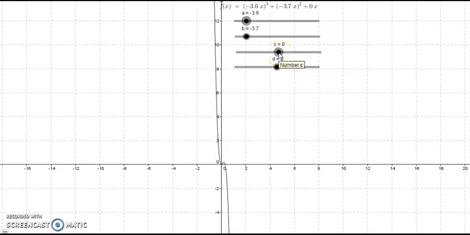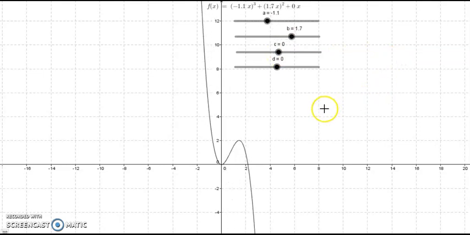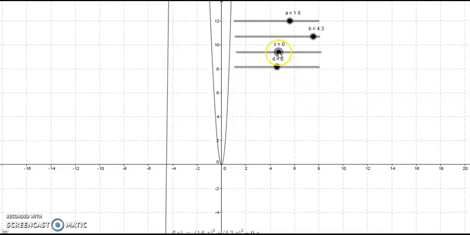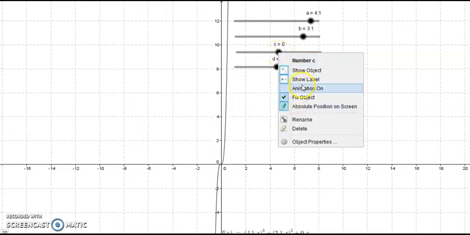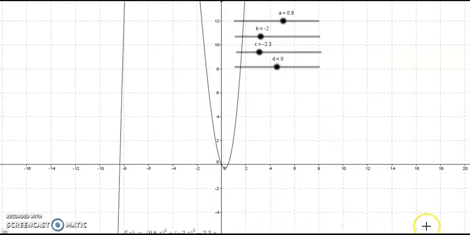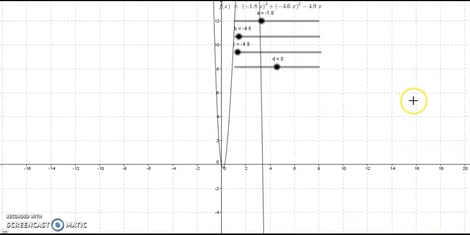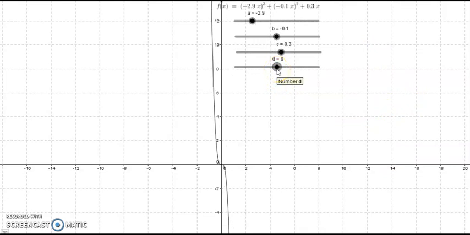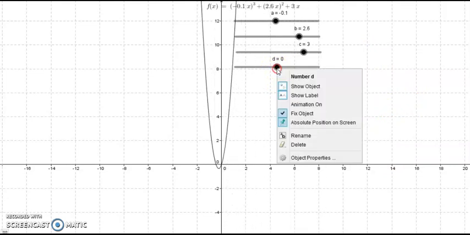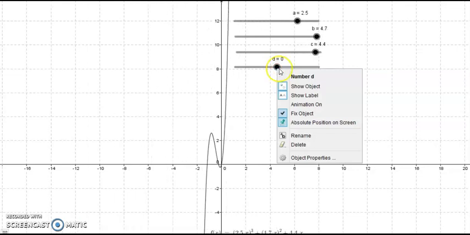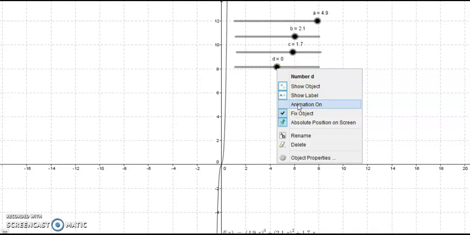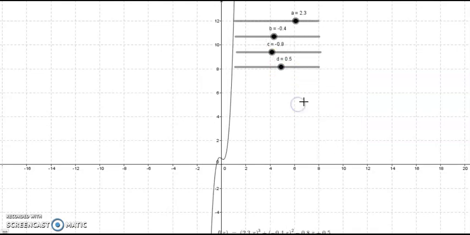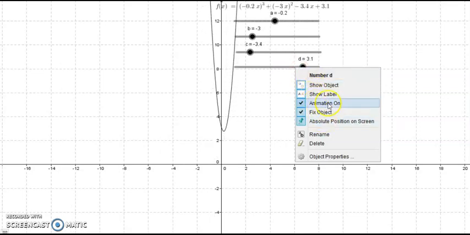So now we see there's another leg taking place on this particular graph. We add the c value now, and see the effect of this graph when the c value is added. Add the d value now. Move the opposite direction there.